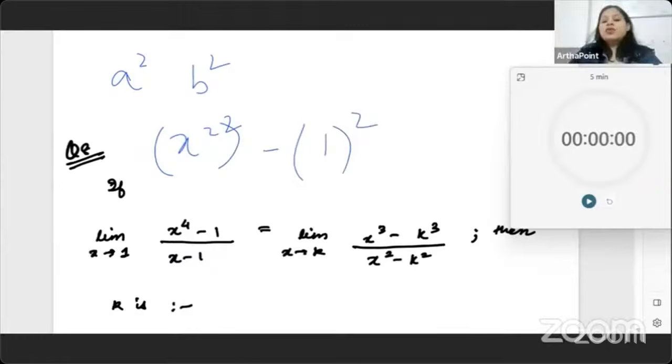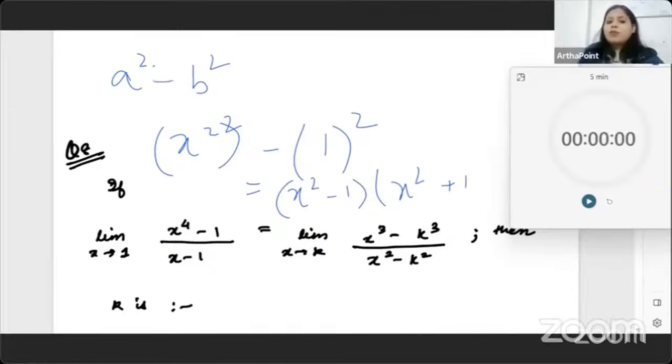So this is nothing but a minus b, a plus b. So I can open this up and say that this is going to be x square minus 1 into x square plus 1, right? And again, I can open x square minus 1 in the similar a square minus b square format.